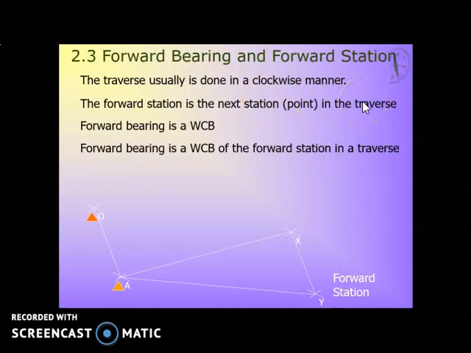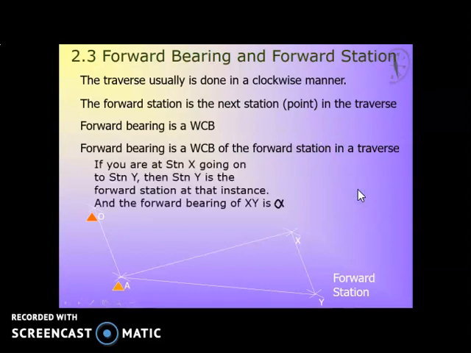So in a way, we will need to plan our traverse. The forward bearing, therefore, is also a whole circle bearing, and it is the whole circle bearing of the forward station in a traverse. What does that mean? Let's look at the example.